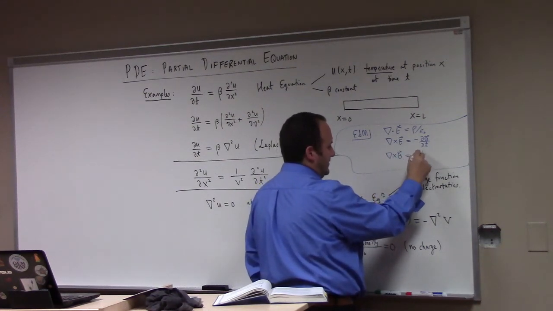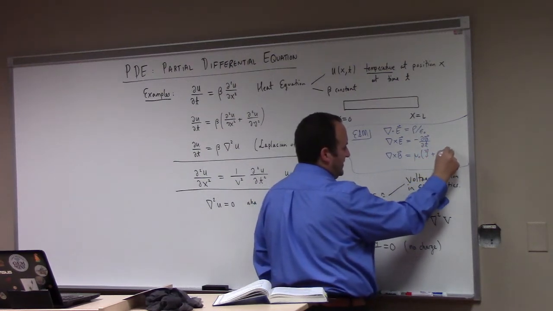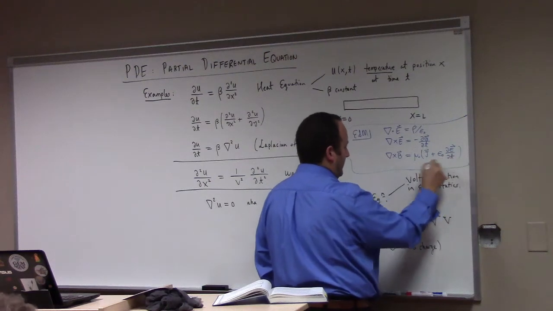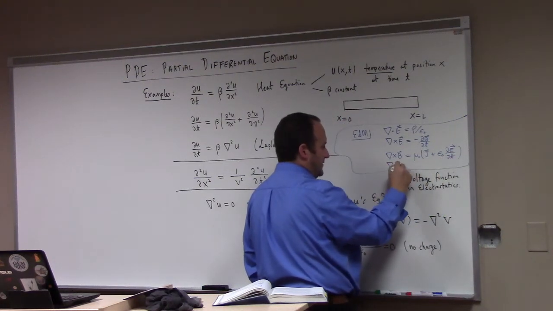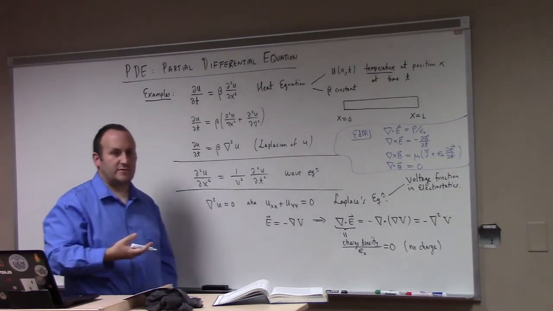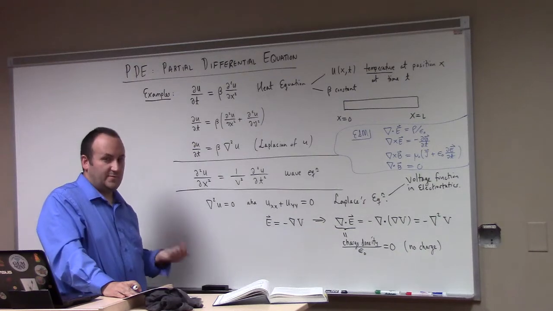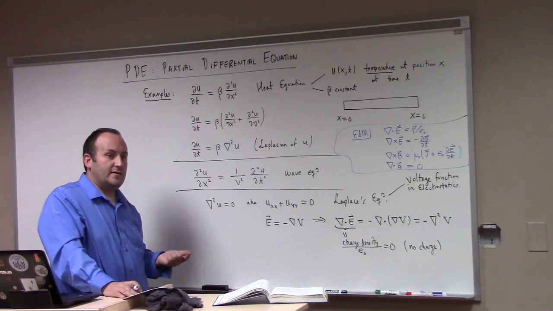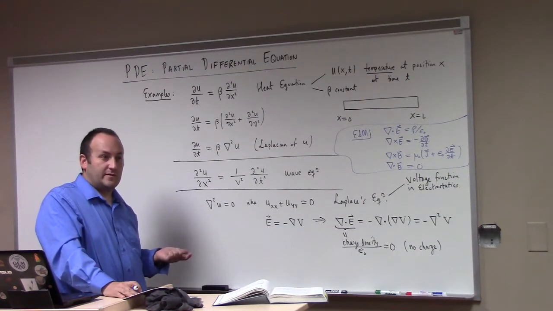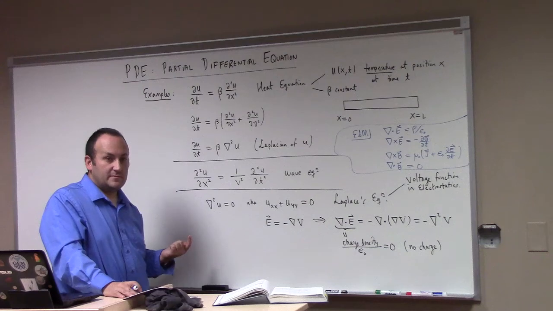So here you have mu naught J plus epsilon naught partial E partial t, I think it is. And of course the divergence of the magnetic field equals 0. These are all partial differential equations when you sort through them. They're partial differential equations in time and space as independent variables. And there are 6 dependent variables here, particularly the x, y, z components of the electric field and the x, y, z components of the magnetic field, right?